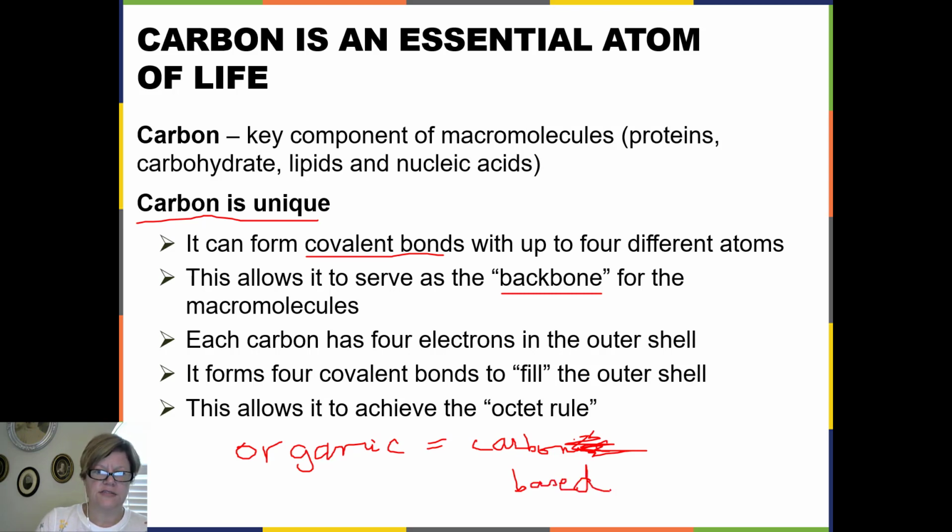The funny thing is, the only molecule that's not considered organic that contains carbon is carbon dioxide. Carbon dioxide is considered inorganic. And remember that carbon dioxide is also weird in that it's nonpolar, even though it has polar bonds. So carbon dioxide is a weird one.